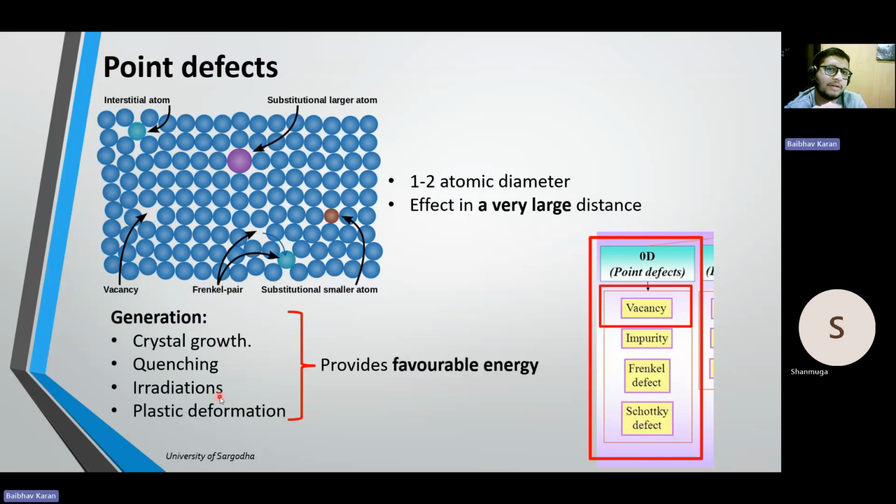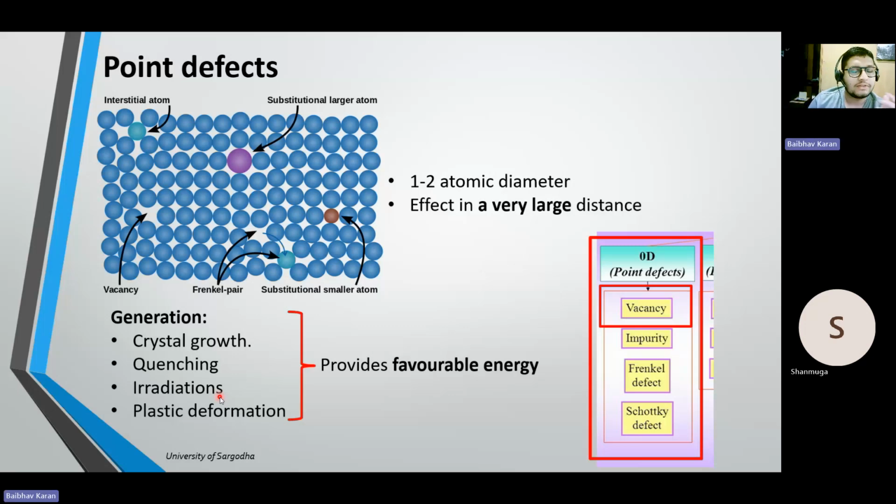The energy drops rapidly. That's why finding a crystal which is defect free is near to impossible, because the introduction of defects significantly reduces the energy. So why would the material have no defects? They will try to have some of the following defects in them.